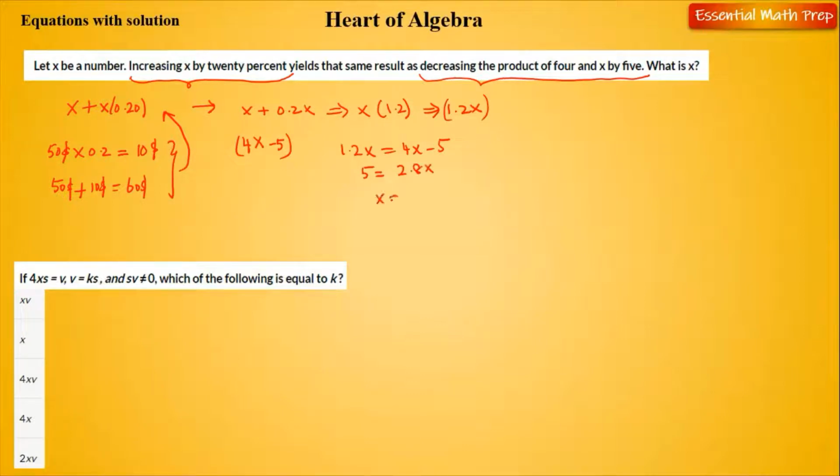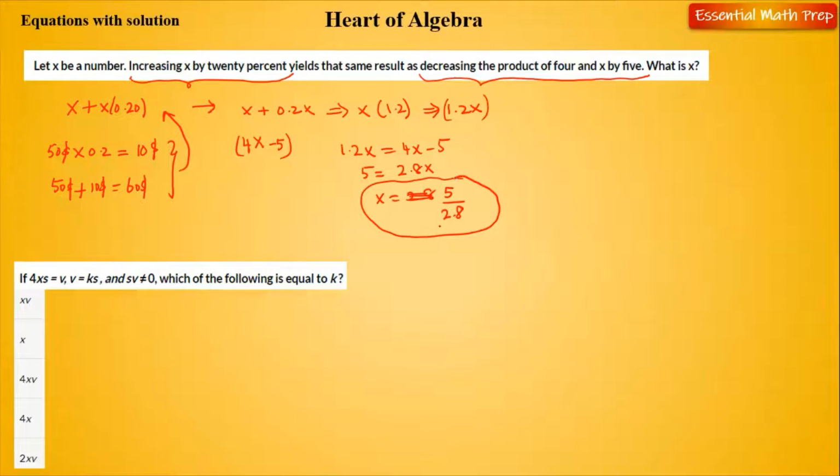So x equals 5 over 2.8. I believe on this particular problem, it was left as it is. They didn't make any huge adjustments. So the value of x is 5 over 2.8.